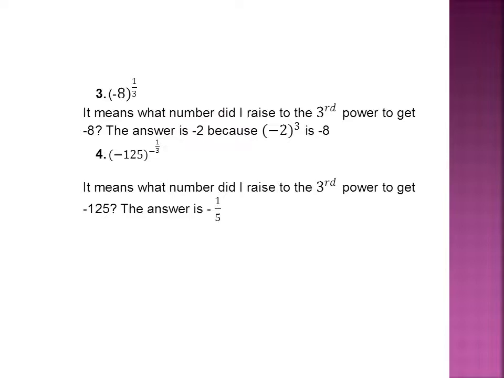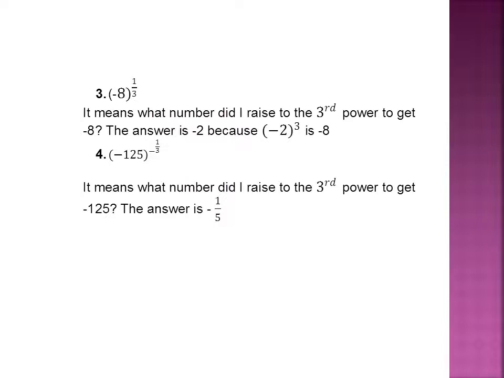Another example, negative 125 in a parenthesis to the power negative 1 divided by 3. It means, what number did I raise to the third power to get negative 125?